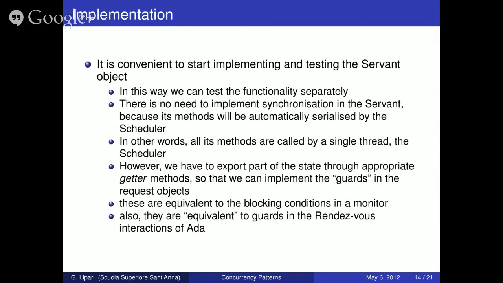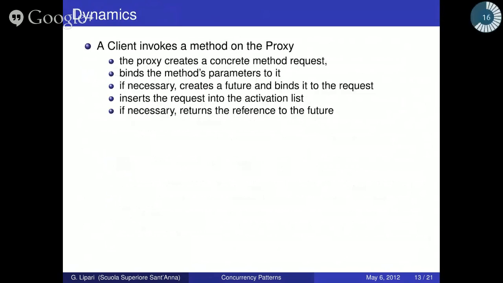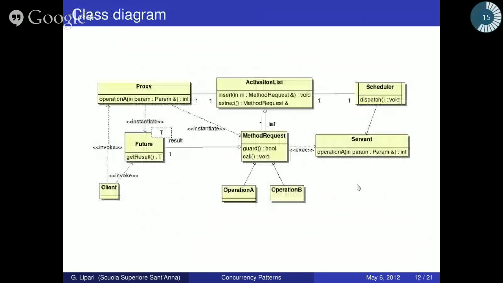Okay, so basically, how do you do that? It's better to start with the servant. So you start from the right here by implementing the business code, and then you can write all the wrapper around it to wrap all of this so that the client can invoke it asynchronously.